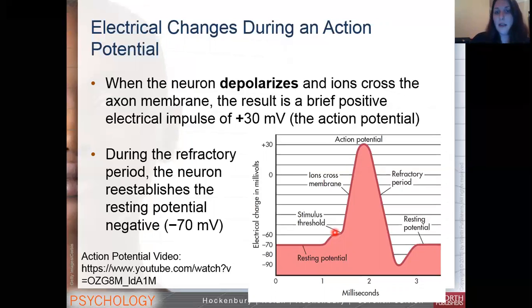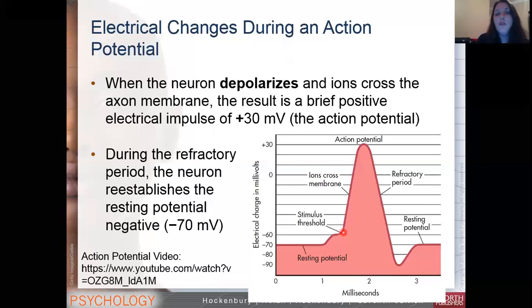What ends up happening is there are certain channels that are open that allow certain ions to flood cells, and other ions close to allow the ions to go out of the cell, okay? So most of the ions will flood inside the cell.